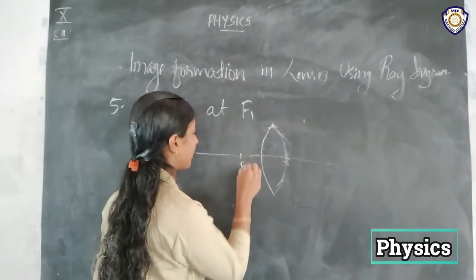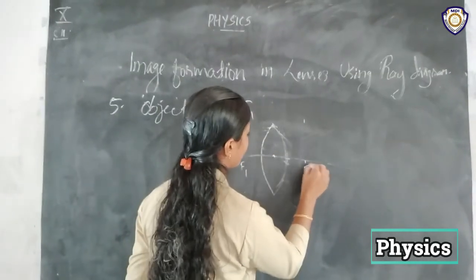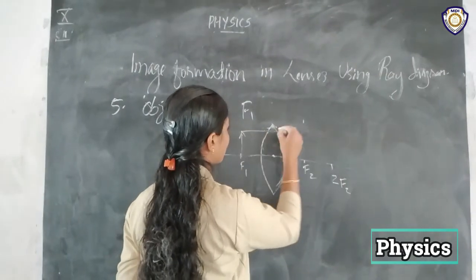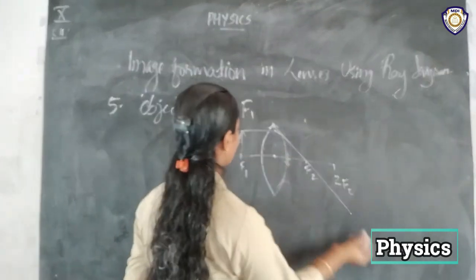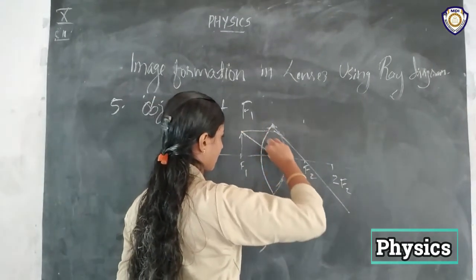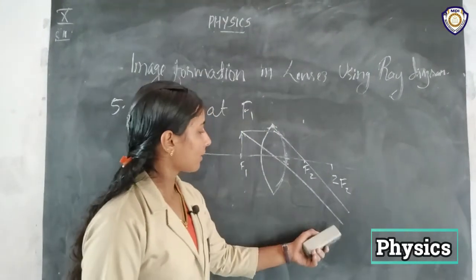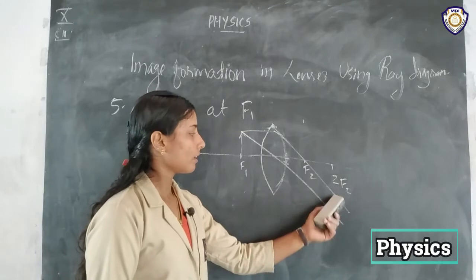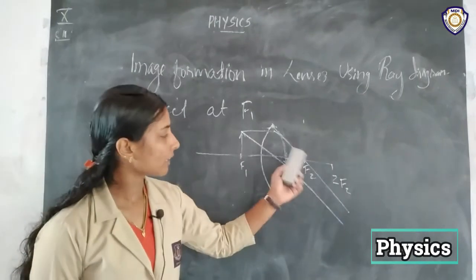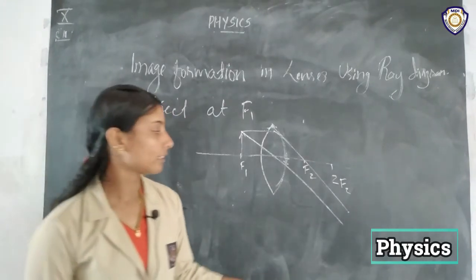So this is F1, O, F2 and 2F2, right? So we can draw two diagrams like this. Here the image will not meet, so not here; that means these rays will meet somewhere at infinity, right?